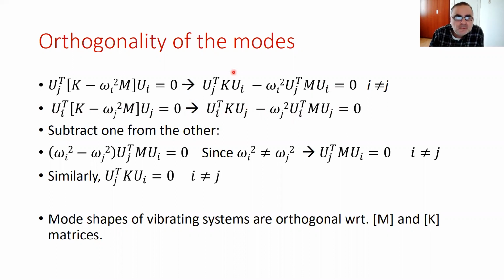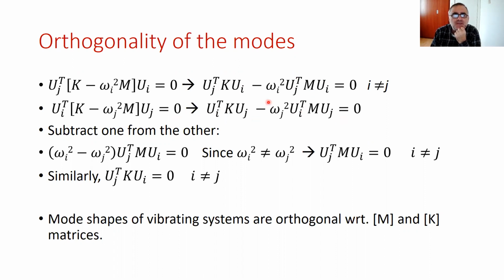Now, the ones I am circling here, this is a scalar and this is a scalar. And look at that, they are the same. These scalars are just the same matrices multiplied in one order, and the other one is multiplied in the other order. So they are equal. So are these, they are the same matrix.